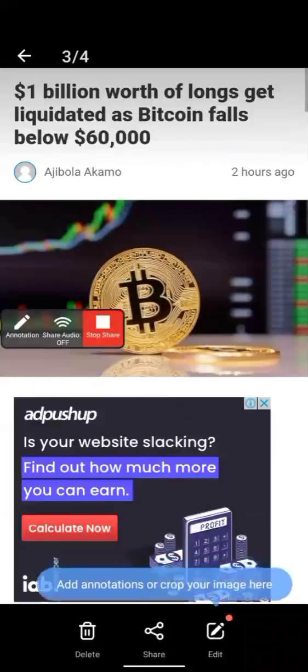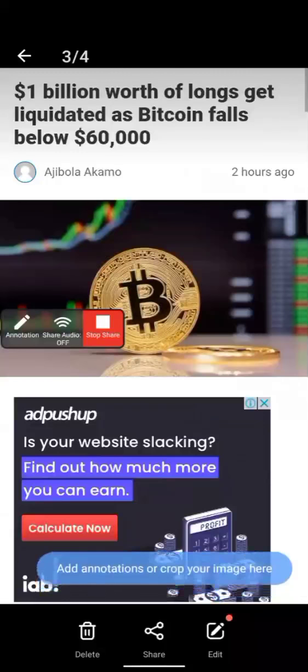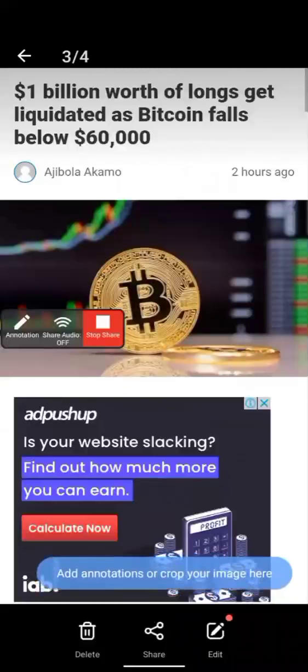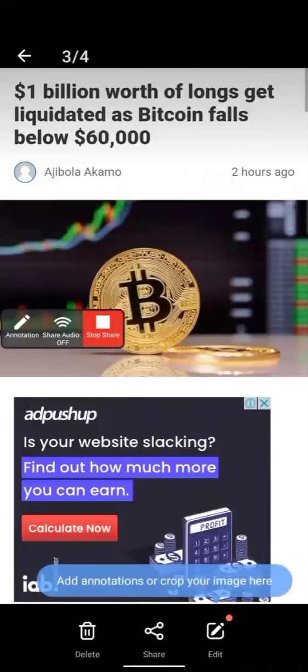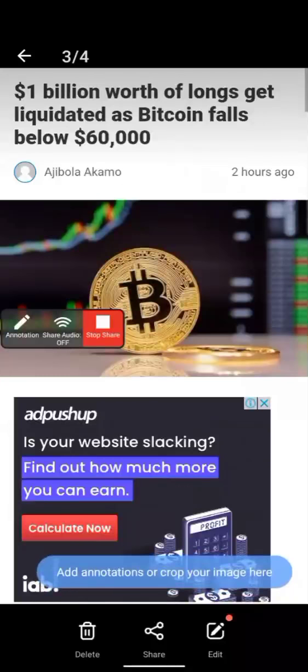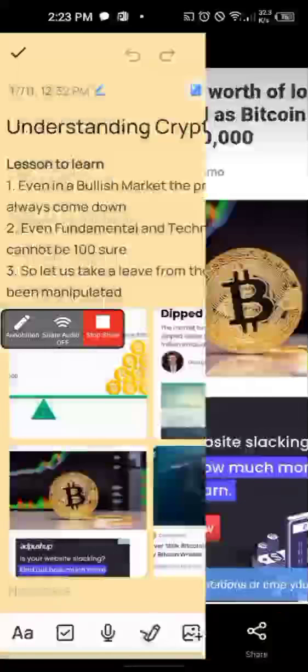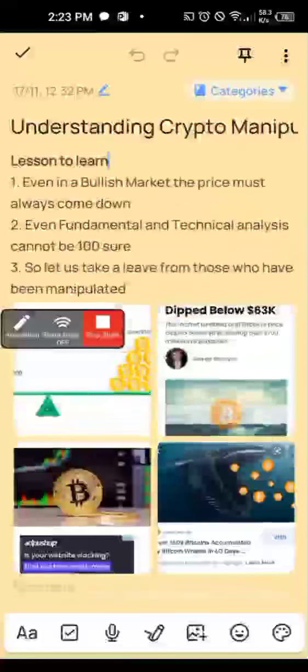But this last one that happened, that got Bitcoin to below 58,000, a whole lot of people did not expect this. They did not see this coming at all. Yes, there were news saying we might retest $55,000. Nobody knew when, and this came upon so many people as a surprise. This will tell you that even fundamental and technical analysis might not be 100% sure.